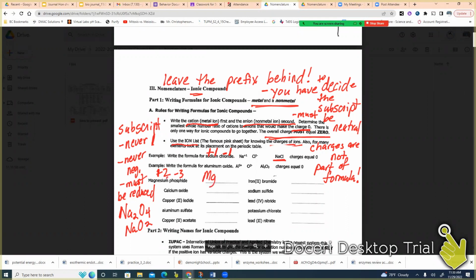What times 2 would give me 6? 3. So its subscript is 3. I'm going to put my P for phosphide. And now it needs to be a -6. So what do I need here for my subscript? 2. 3 times +2 is a +6. 2 times -3 is a -6. You can also kind of think of them as changing places as far as the charges.